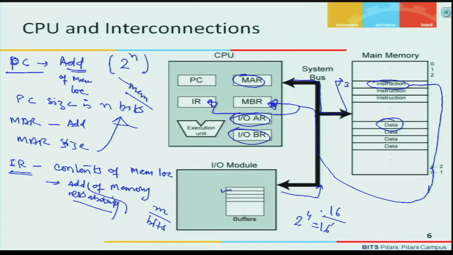Let us say 18 devices are there, then I need 5 bits. 2 raised to the power 5 is 32 and 2 raised to the power 4 is 16. So 18 comes between 16 and 32, so the minimum bits I require is 5. 4 is not sufficient, because with 4 bits I can represent only 16 combinations, and here I require at least 18 combinations. That is why a minimum of 5 bits is required in the case of 18.